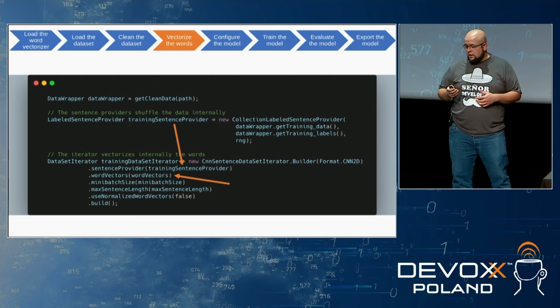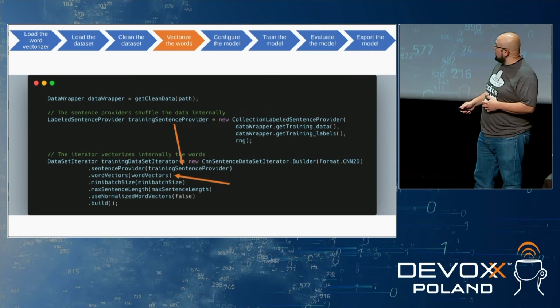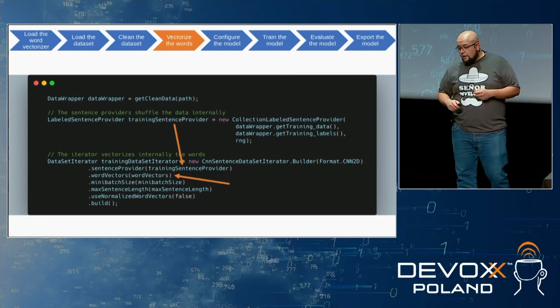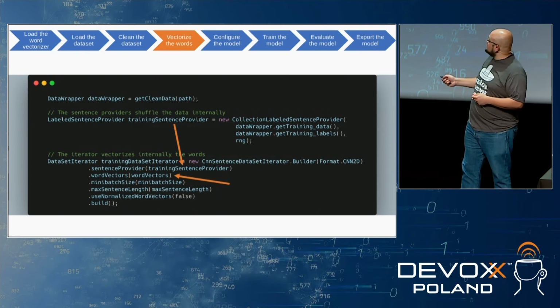We just need to provide the word vectors, which is the thing that we loaded earlier. And we also need to provide it the data, which is in this training sentence provider.